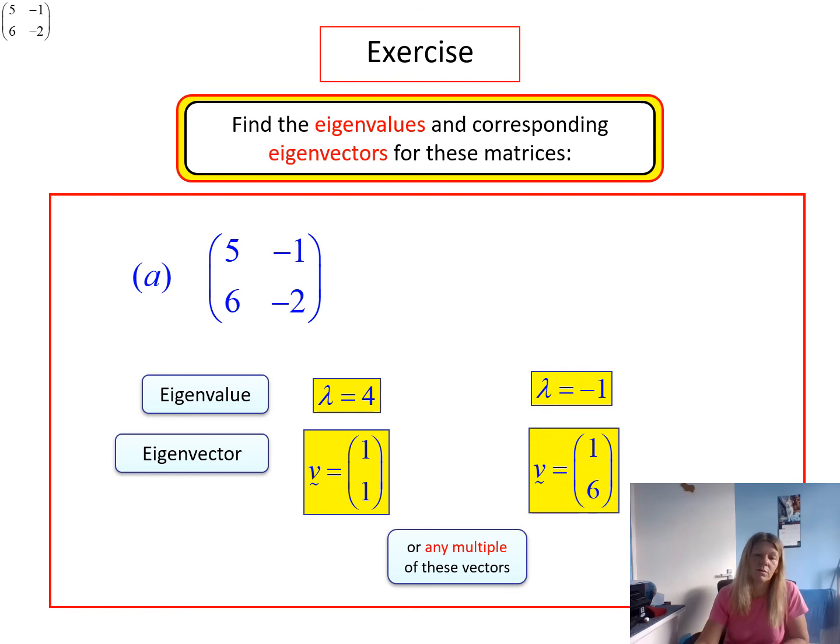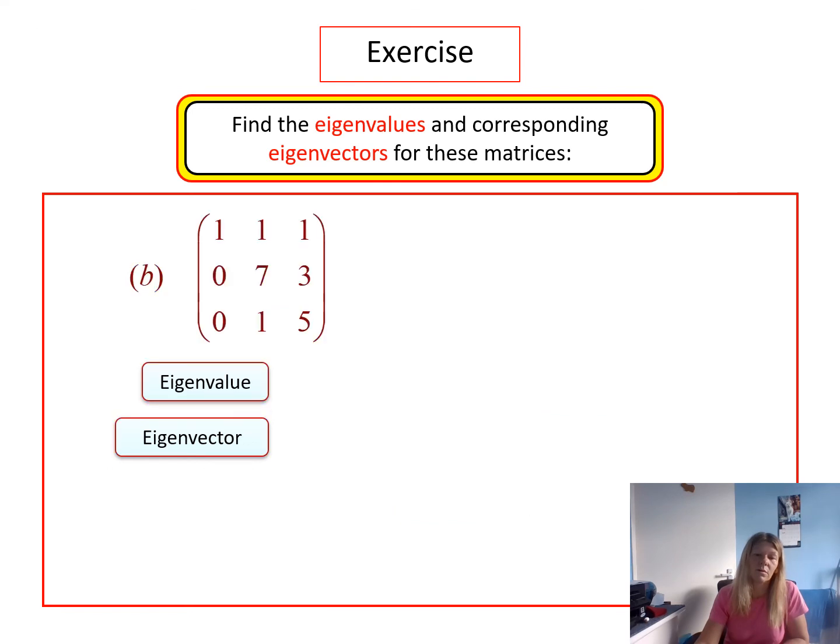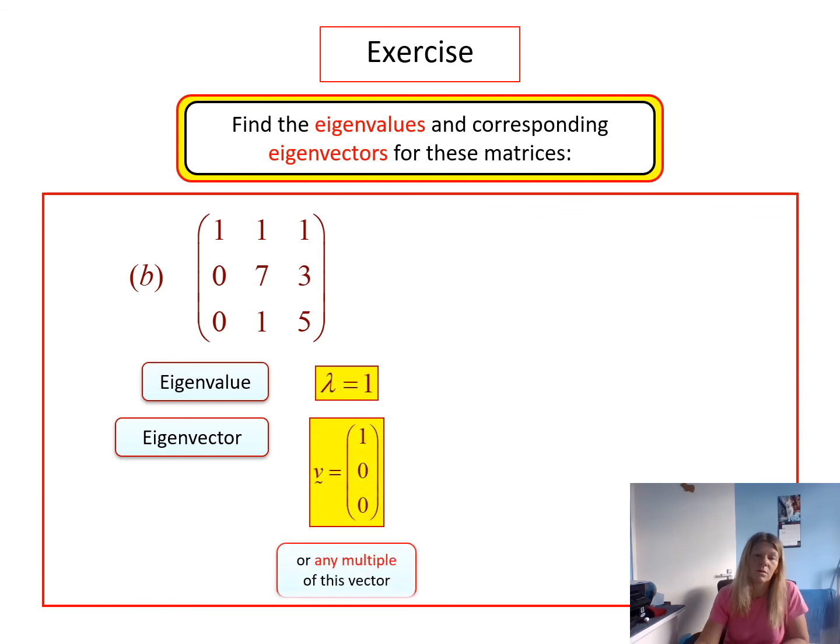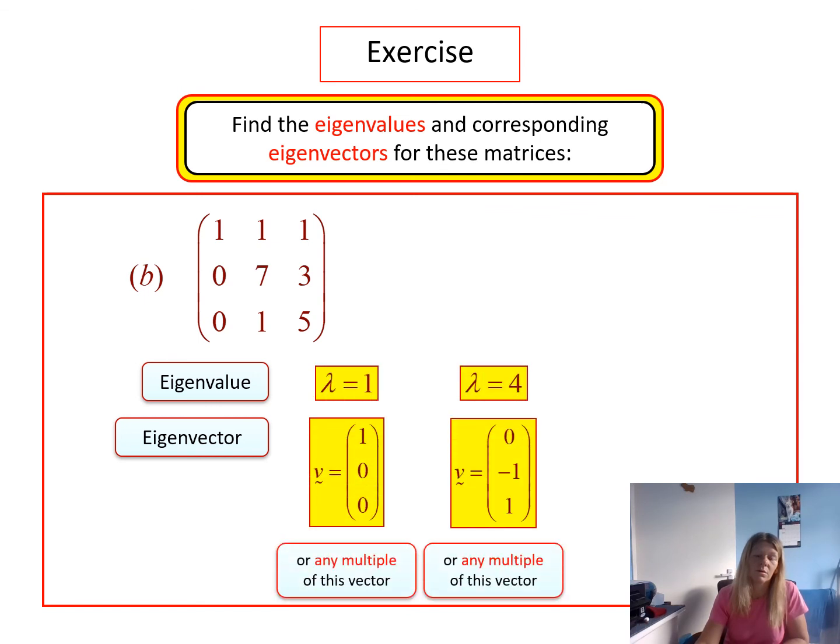Number 1. Number 2. Remember, there can be any multiple of these things, so not one specific answer. And that says 4, 21 and 7.